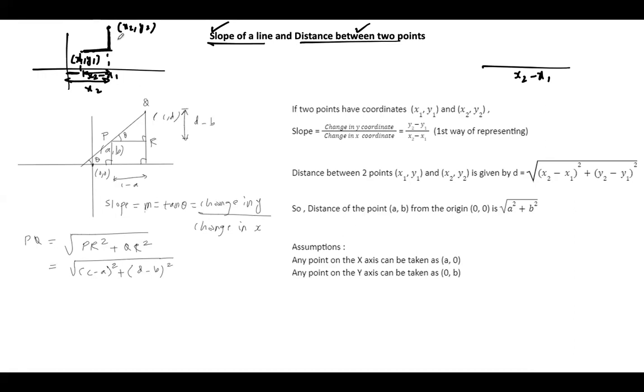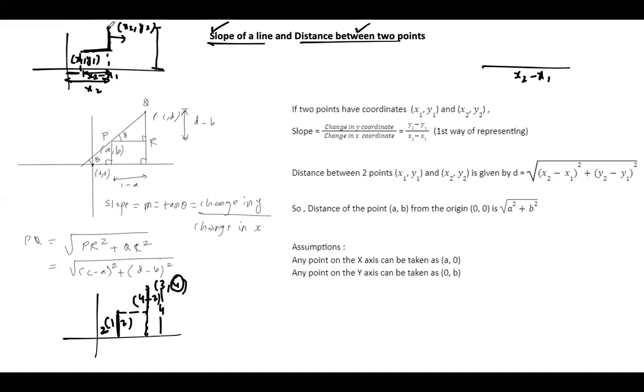What will be this distance? So y2 will be the height, right? Let's say 1 comma 2 and 3 comma 4. What is this height? Nothing but the y coordinate's value, which is 4. So this height will be 4 minus 2.